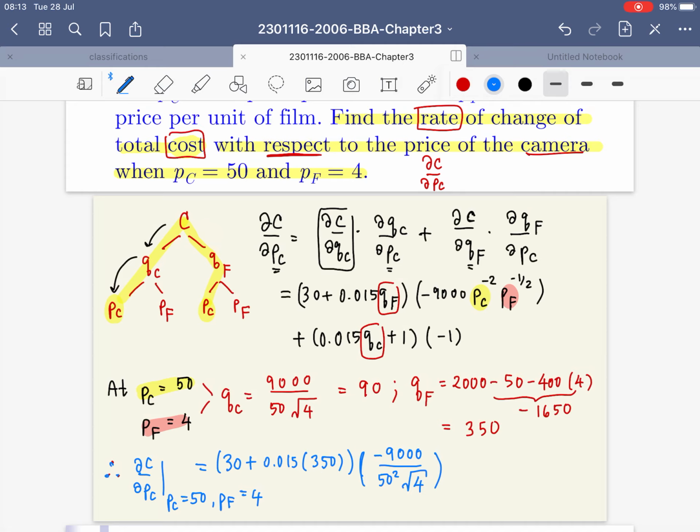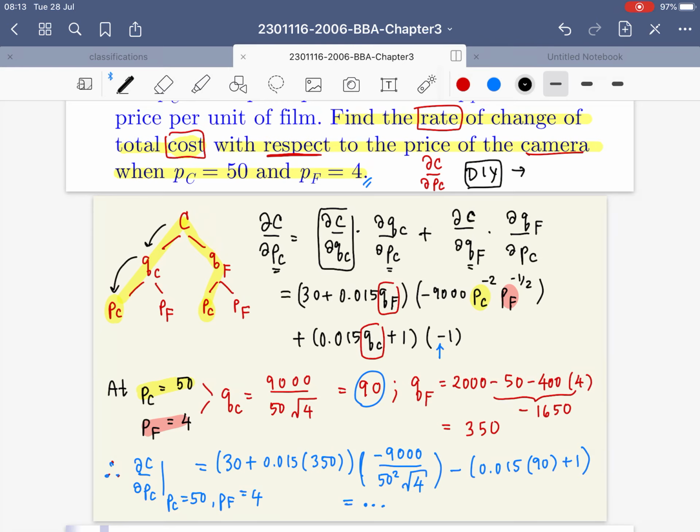Okay, just like that, and minus 0.015 and the quantity of the camera, which is 90, and add the 1. And then you can just simply use your calculator, right, to calculate this number. So this will be the rate of change of the total cost with respect to the price of the camera at this price level. Okay, so of course we encourage you to find another one by yourself.